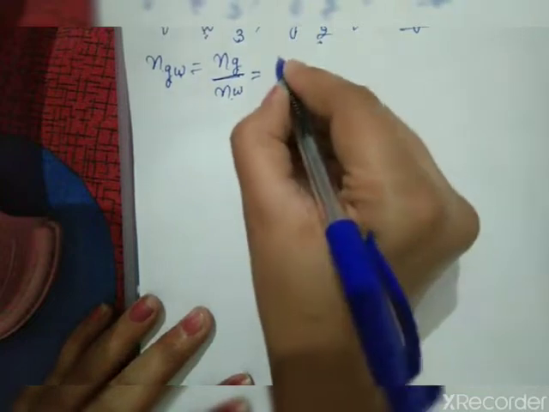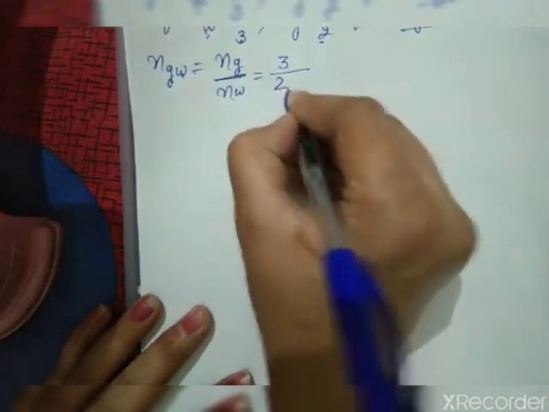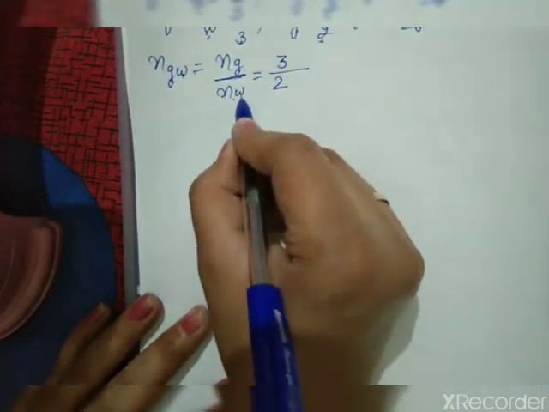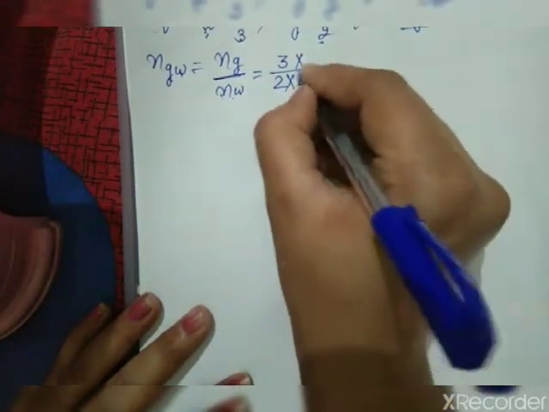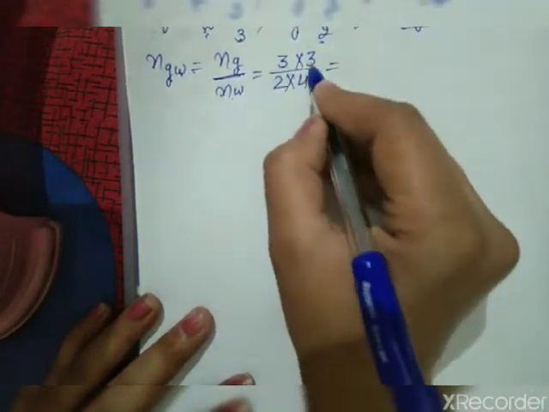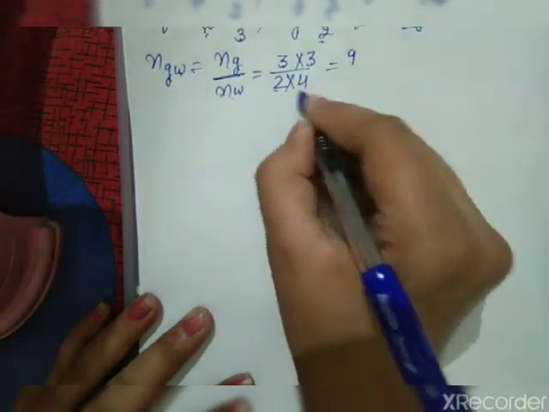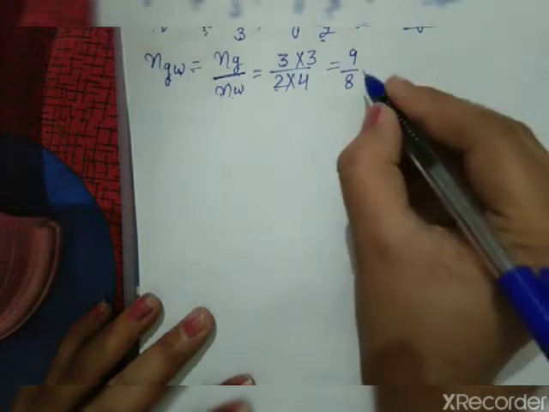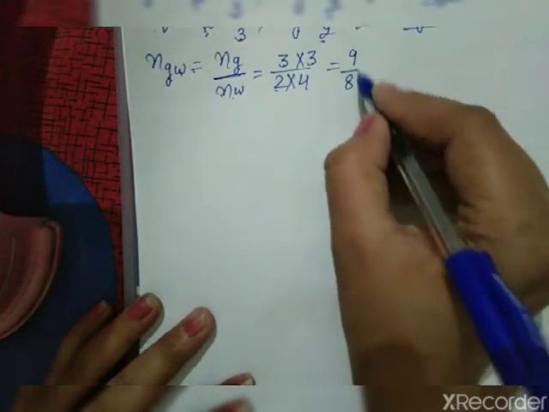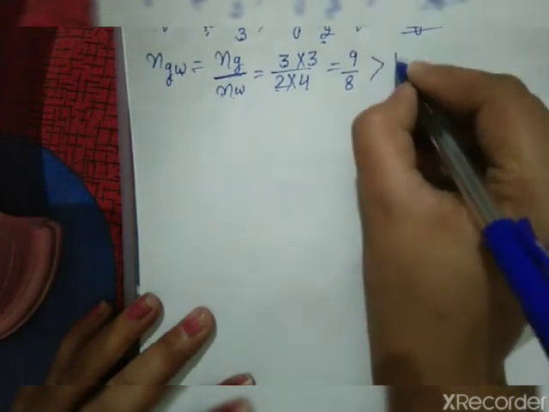That is 3/2. What is the value of refractive index of water? 4/3. So what is its value? 3 3s are 9, 4 2s are 8. So its value is 9/8. 9/8 means that it is greater than 1.